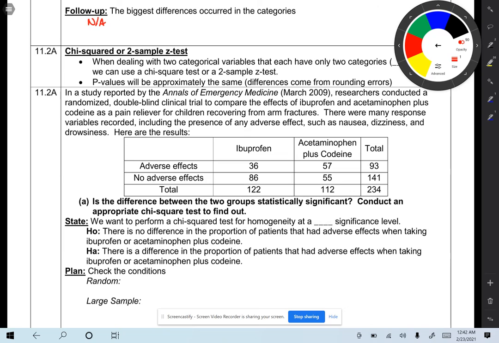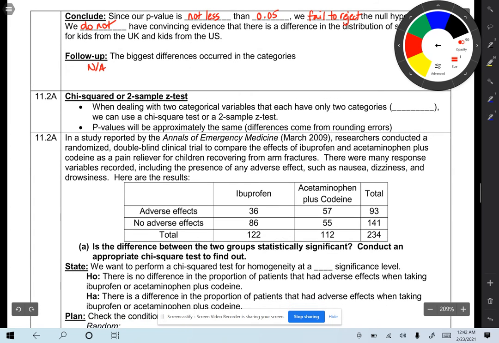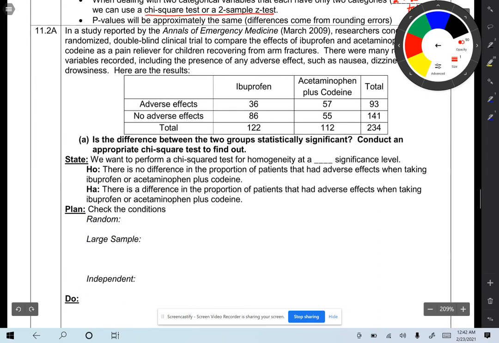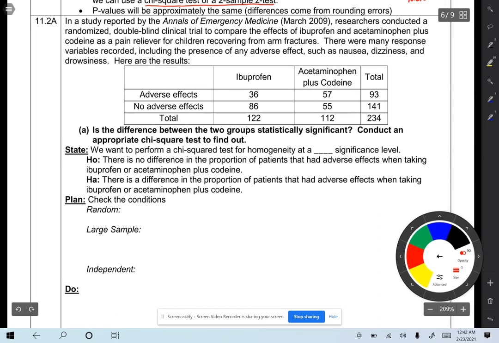Okay, now for the chi-squared or two-sample z-test, when dealing with two categorical variables that each have only two categories, so when we're dealing with a 2x2 table, we can use a chi-squared test or a two-sample z-test. The p-values will be approximately the same, and any differences will come from rounding errors. So I do want to do an example in that kind of situation.